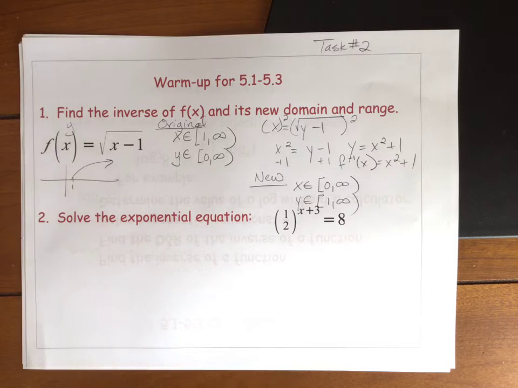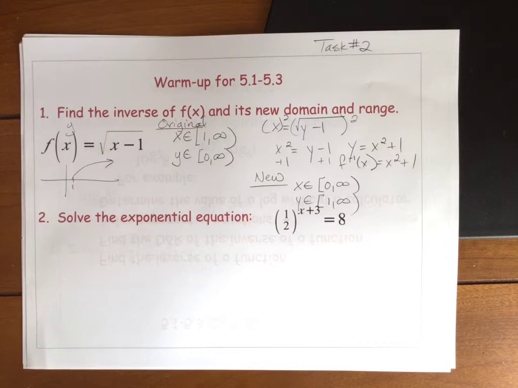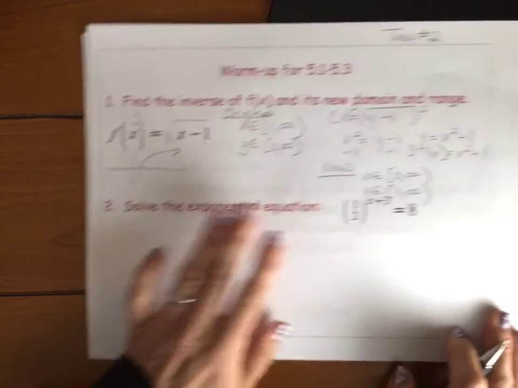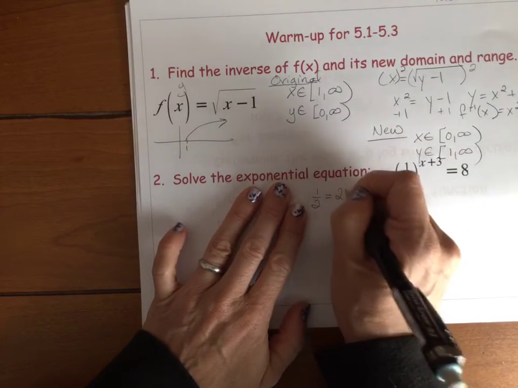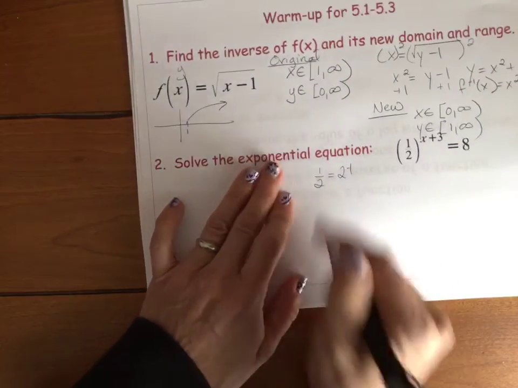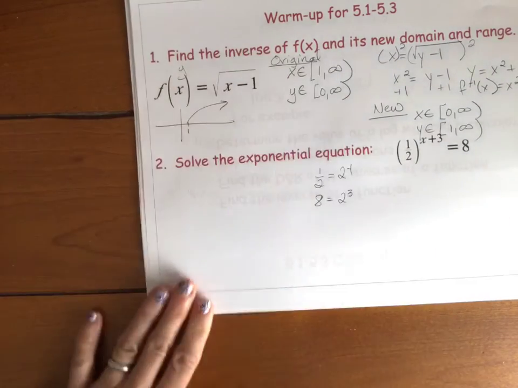All right, so at the beginning of this chapter, the only way we could solve exponential equations was by making the bases the same. We would need to find something between 8 and 1/2 that we could make the bases the same, and it's base 2. So 1/2 is equivalent to 2 to the negative 1, and 8 is equivalent to 2 to the 3rd power.